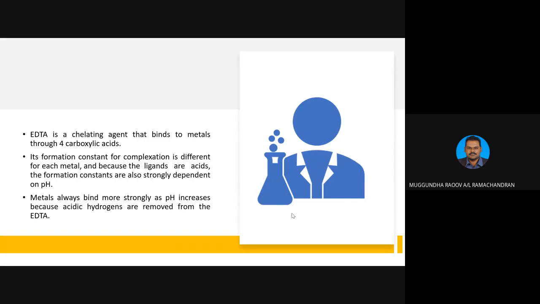The formation constant for the complexation is different for each metal because the ligands are acids, and the formation constants are also strongly dependent on pH. So the metals always bind more strongly as pH increases because acidic hydrogens are removed from the EDTA. So basically class, in this experiment pH adjustment is very important.